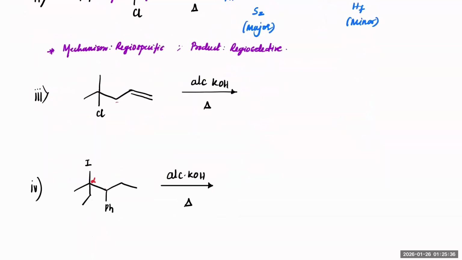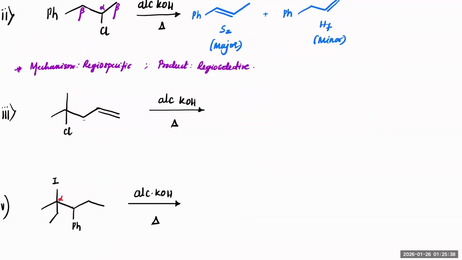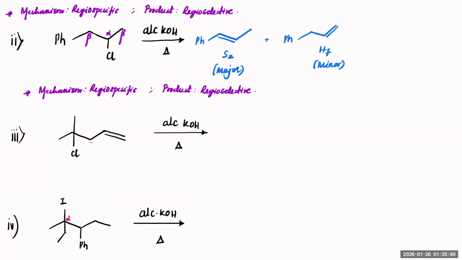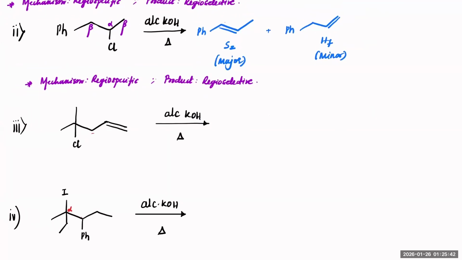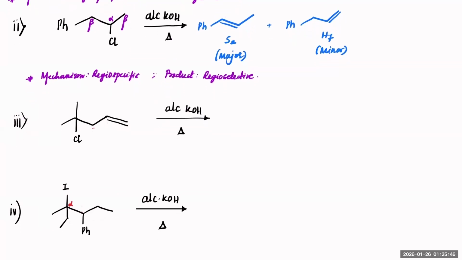Same way here also. See the third case here. Again we have an alpha hydrogen here, beta here, and beta here. Beta here and here are the same, so we don't have to worry about that.